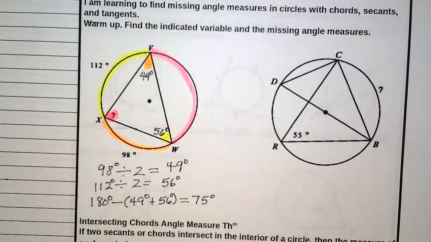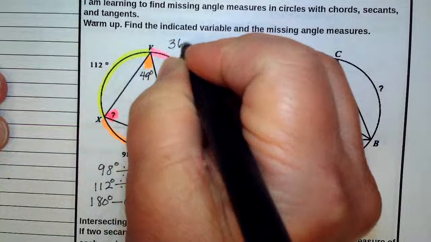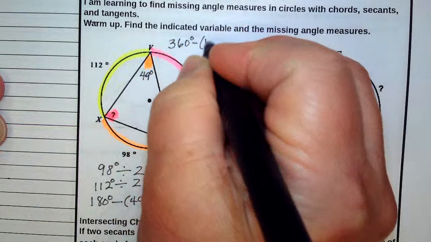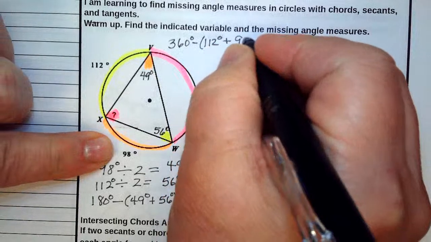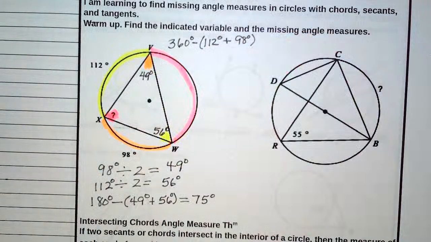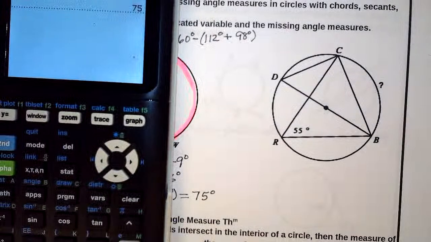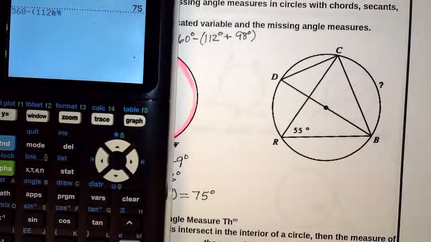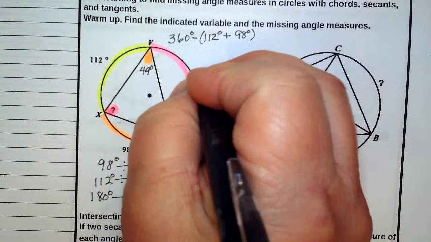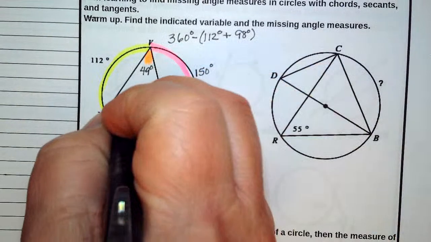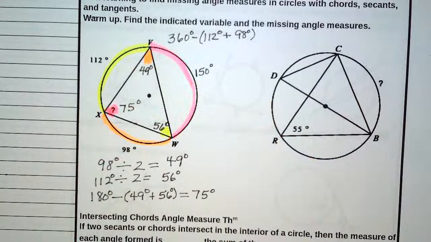I could have taken 360 degrees minus 112 degrees plus 98 degrees, and I would have gotten 150. This would have been 150 degrees, and then when I divided it in half, this would be 75 degrees. Both ways work. You're going to do it the way you see.